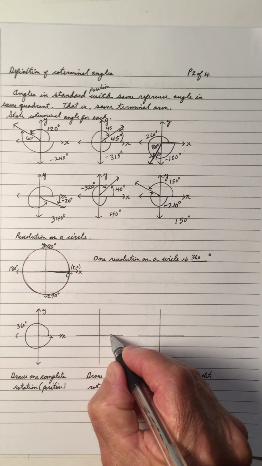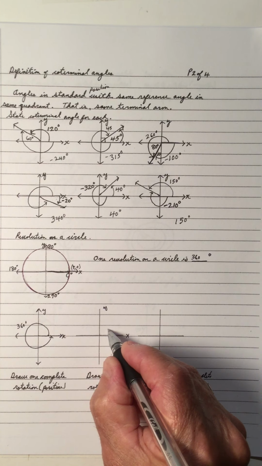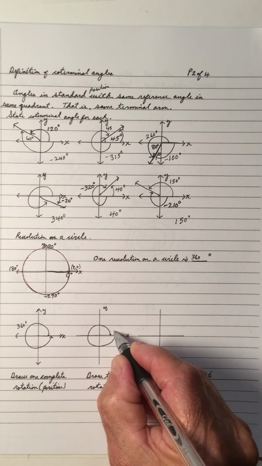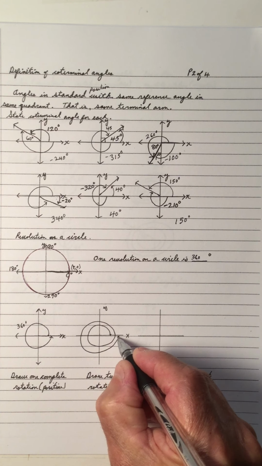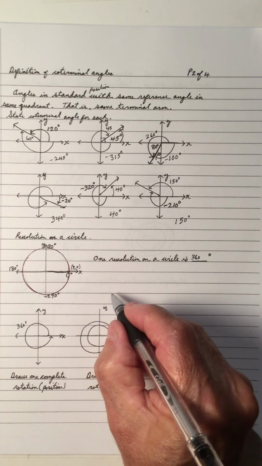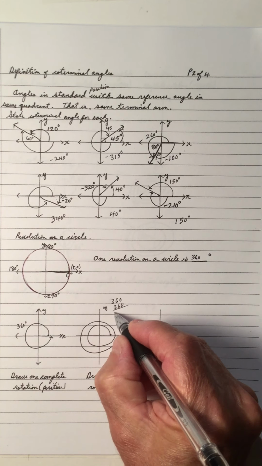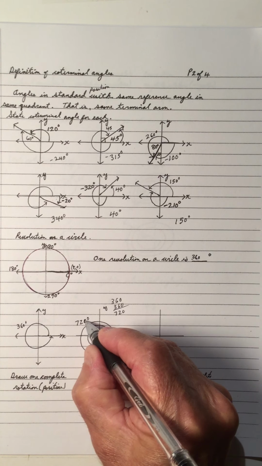So we start on the x-axis. So we went around twice. So that's 360 and 360 is 720. So that's a 720-degree rotation.